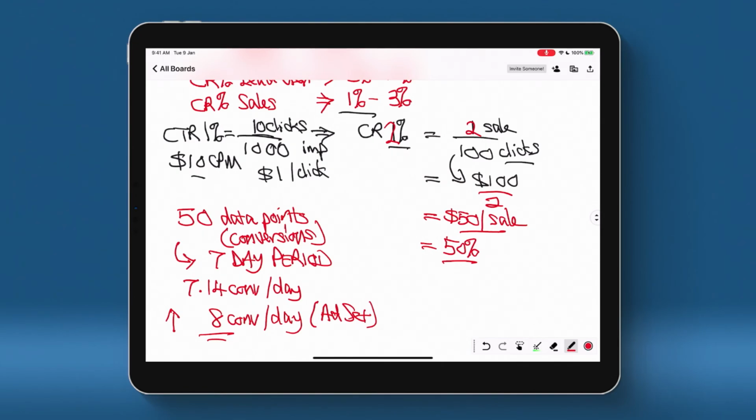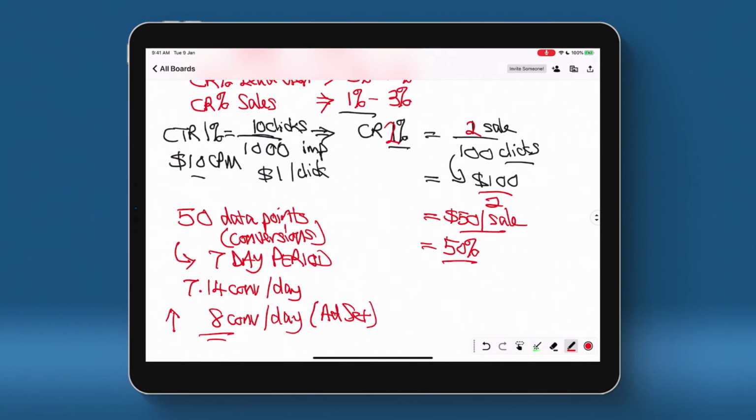Because hypothetically, at a $10 CPM, we know that each cost per click is $1. And to get 8 conversions, we will need 800 clicks. And that is $800.